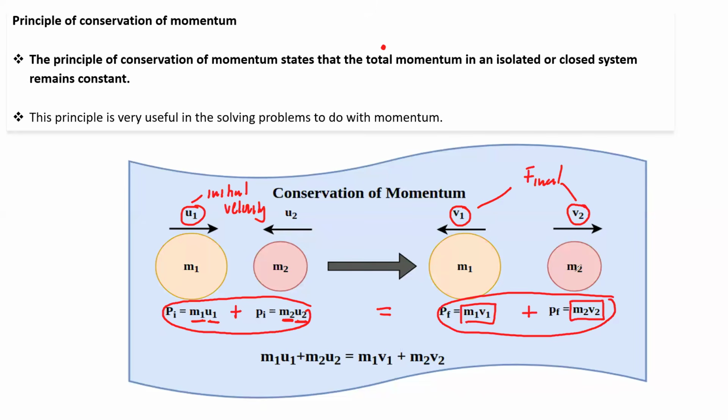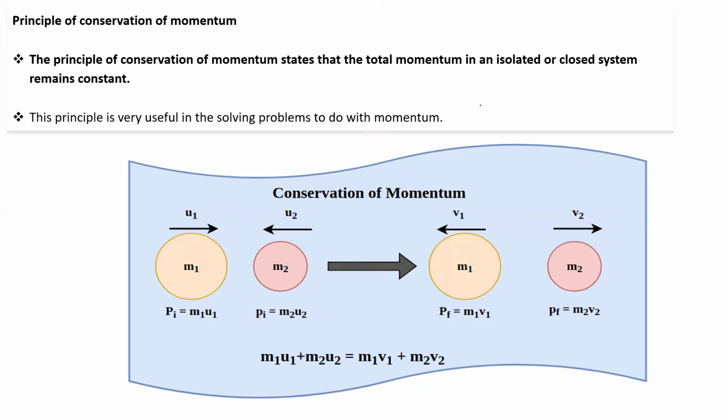In other words, the sum of the initial momentums before collision and the sum of the final momentums after the collision, according to the principle of conservation of momentum, is the same. It remains constant.